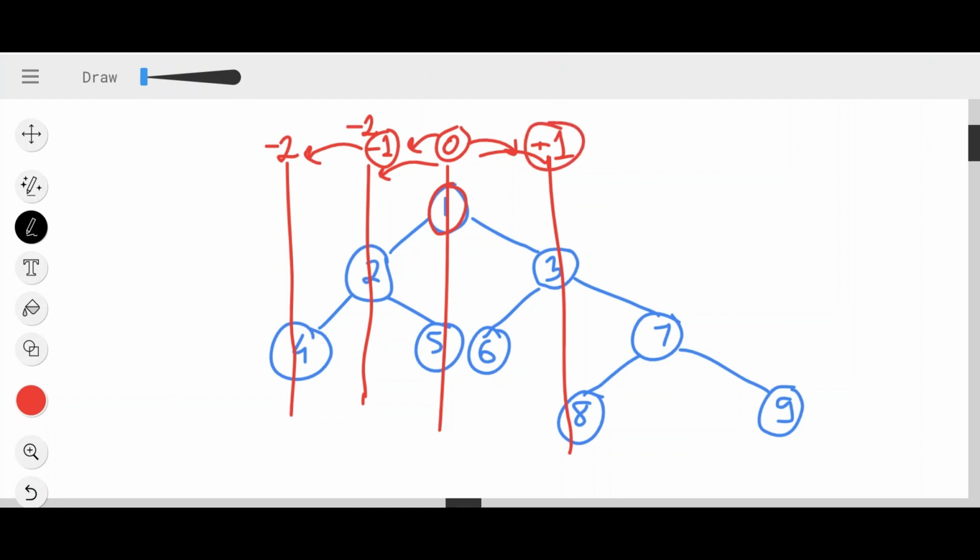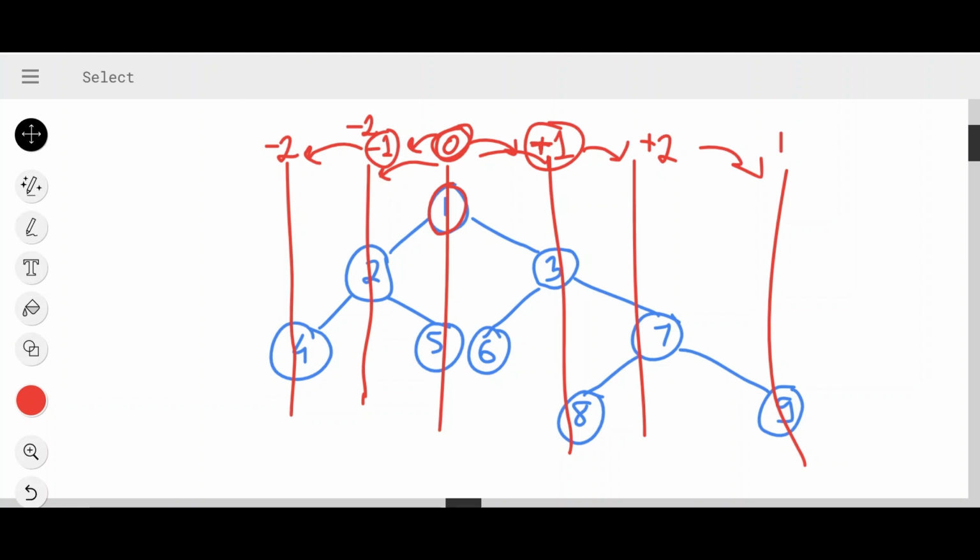Since you incremented this line 0, you will ultimately get +1. Move to the right side. This is your next vertical line. Increment this line. This becomes +2. Move to the right side. This is the next vertical line. Increment the line number by +1. So now this becomes +3.